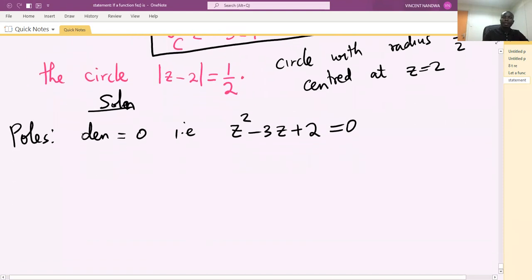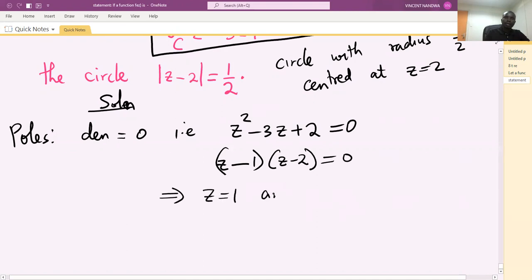This quadratic can be written as z minus 1 times z minus 2, which implies z equals 1 and z equals 2 are simple poles of f of z.